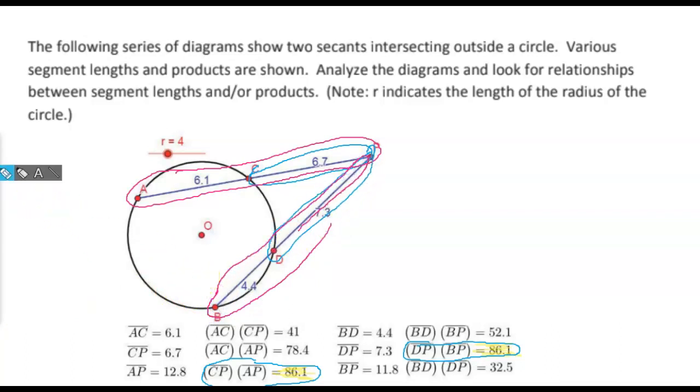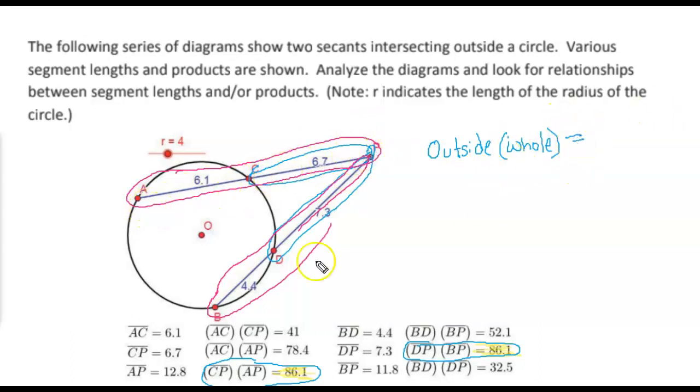Now, if we could kind of sum up what those pieces were, it looks like on this secant, I'm taking the outside part of the segment and I'm multiplying it times the whole segment. So the outside piece times the whole thing.